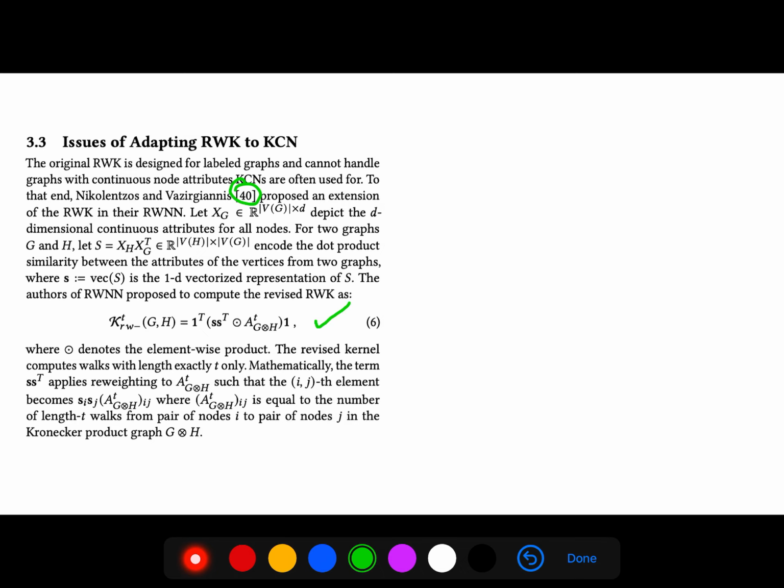It computes walks with length exactly t. So this S S transpose applies reweighting to A such that the ij element becomes Sij, and this is equal to the number of length t walks from pair of nodes i to pair of nodes j.